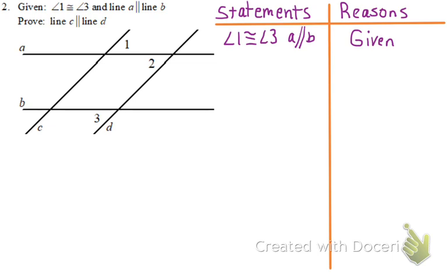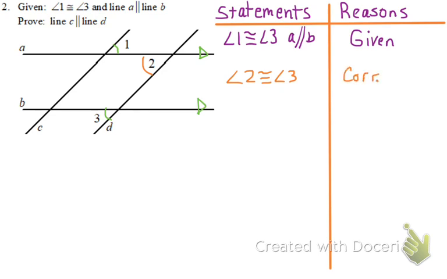A little different given information here. Angle 1 is congruent to angle 3, and then line A is parallel to line B. Because lines A and B are parallel, we can say that angle 2 is congruent to angle 3 because of corresponding angles.